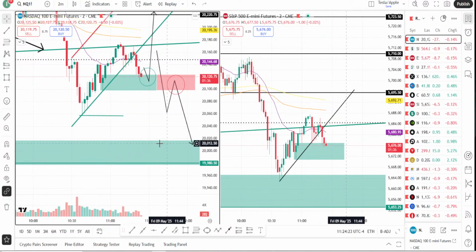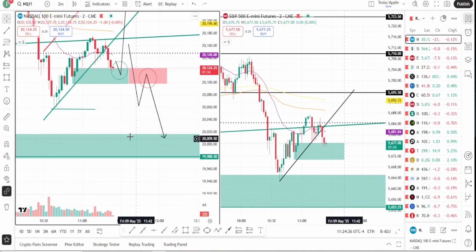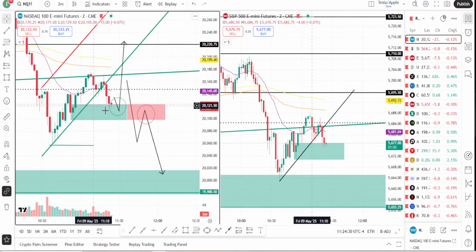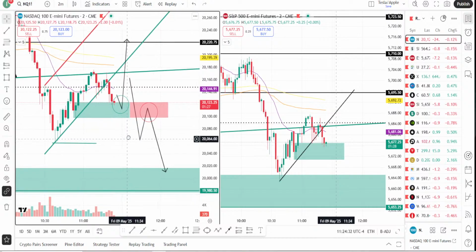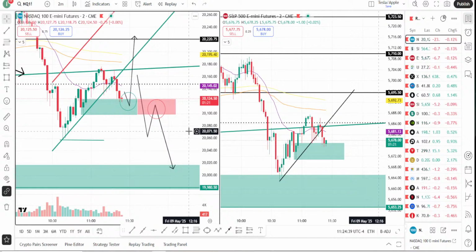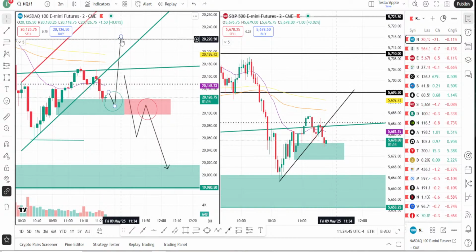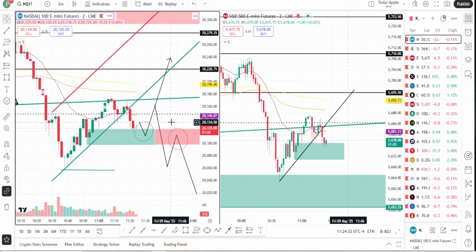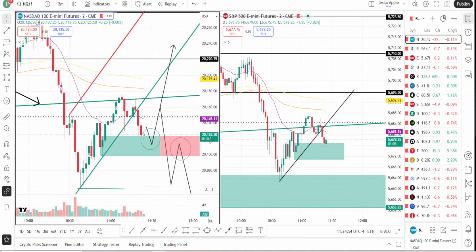So buyers might want to buy lower. Okay, but if they're looking to reverse this, they can still enter here as well. Just gonna wait here and see how this plays out.